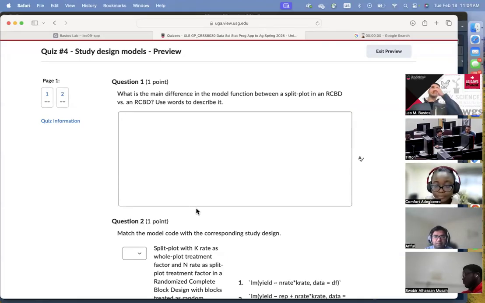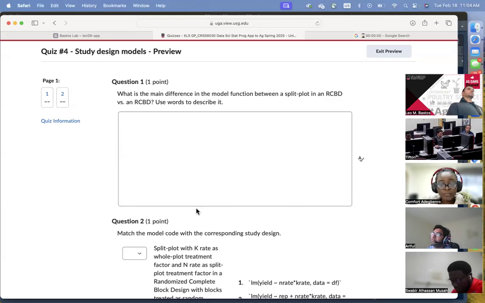That is a difference in the way that we write the model, sure. That's not what I was thinking, but it's a good one. Yes, Carlos. Instead about the actual RCBD versus the RCBD, or evidence for error.